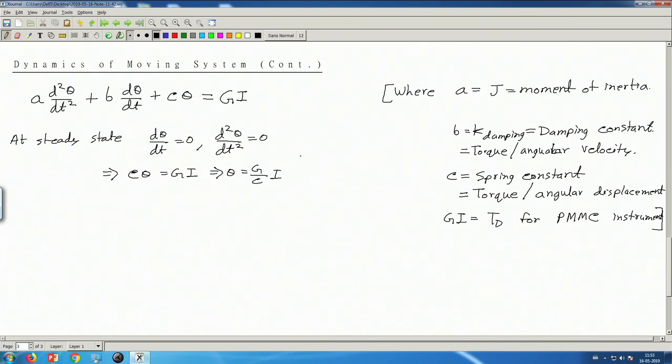Now, the question that we want to investigate in this video is how the pointer will move. If I apply a current, will the pointer reach its final position at once, or will it oscillate and then slowly stop at that position?